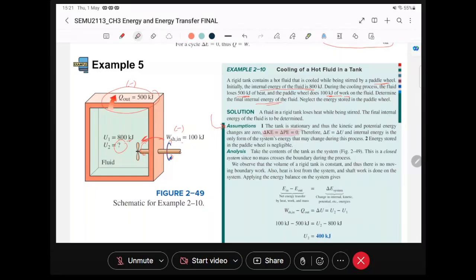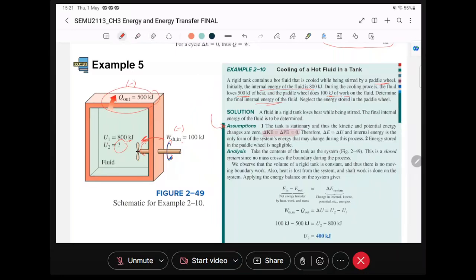Number one, the system is not being raised to a higher altitude. Second, it is not moving. Velocity is zero. So there's no kinetic energy, no potential energy in the system, so we don't have to consider them.